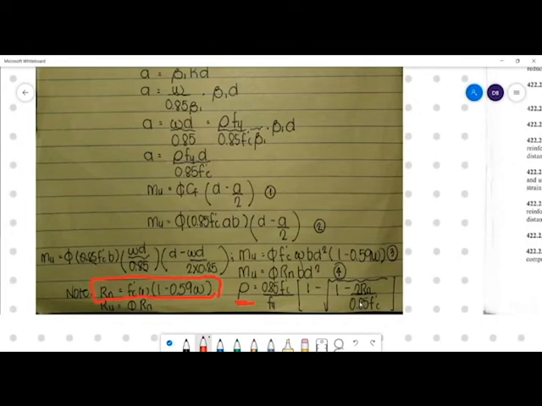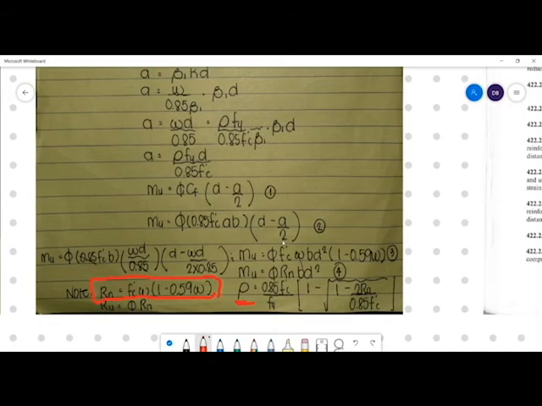Okay? So just remember these equations, either 1, 2, 3, or 4. Method 1, method 2, method 3, method 4. Method 1 and 2 are just the same, but in formula 2 we assume that this is already a rectangular beam.